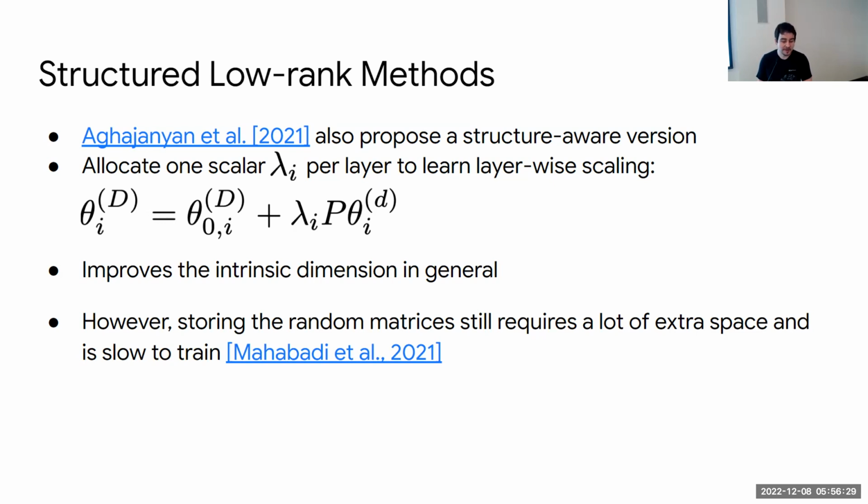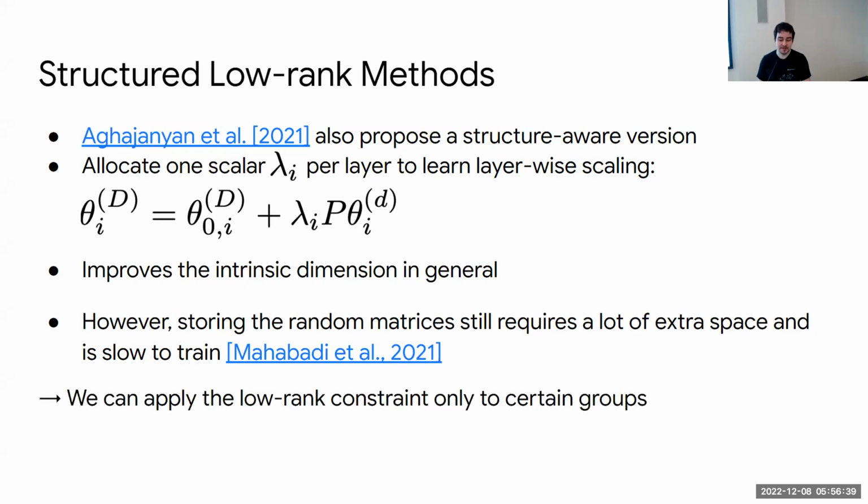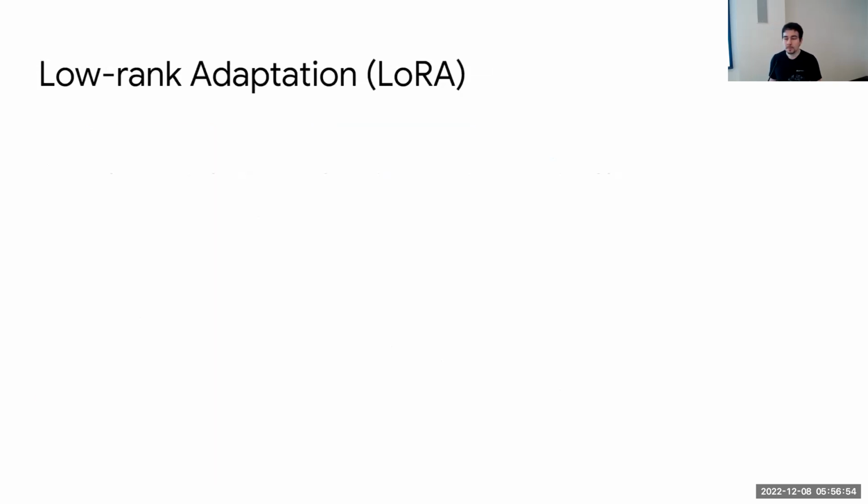It still requires a lot of space and is still quite slow to train, because we still need to use this huge projection in practice to project our parameters into this low dimensional subspace. So as an alternative, we can try to apply this low rank constraint not to all of the parameters of the model, but again to just a subset of the model parameters.